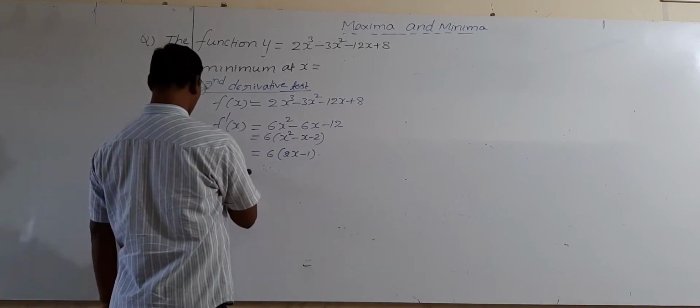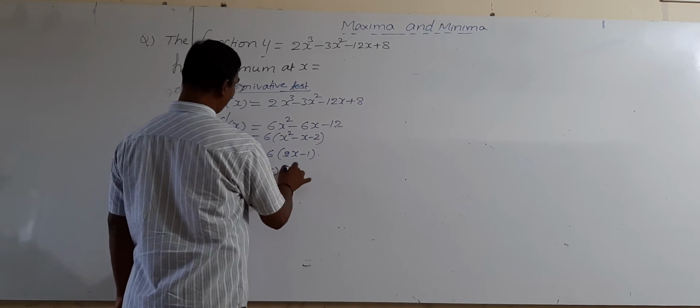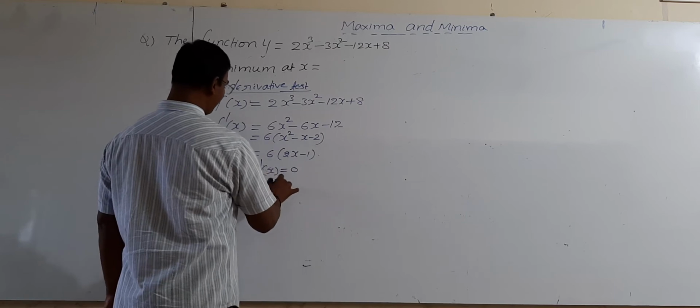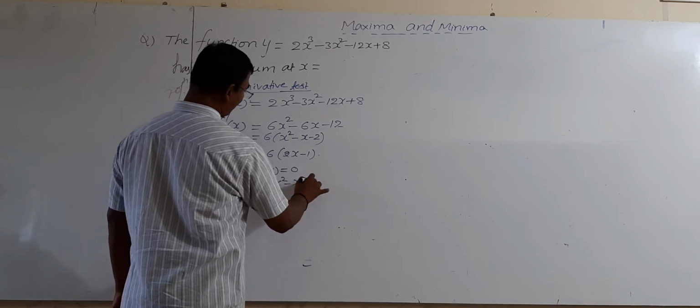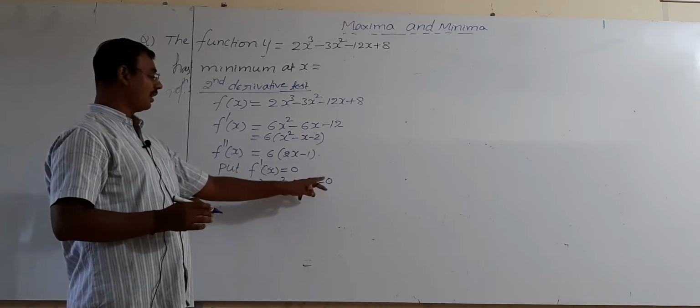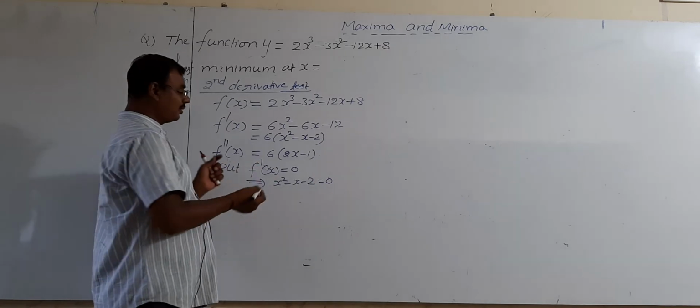Then stationary condition: put f dash of x is equal to 0. That means x square minus x minus 2 is equal to 0. The 6 goes to the other side, 0 by 6 is 0. Factorization, you know very well.